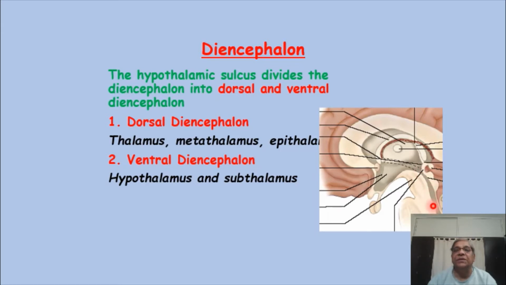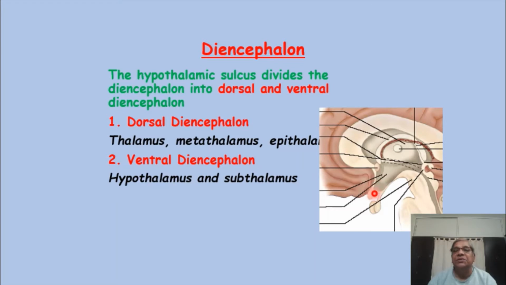So this hypothalamic sulcus is a shallow sulcus which separates the two parts. Above, or dorsal to it, is the thalamus, and below the hypothalamic sulcus this small triangular structure is the hypothalamus. So this is the thalamus and this is the hypothalamus.